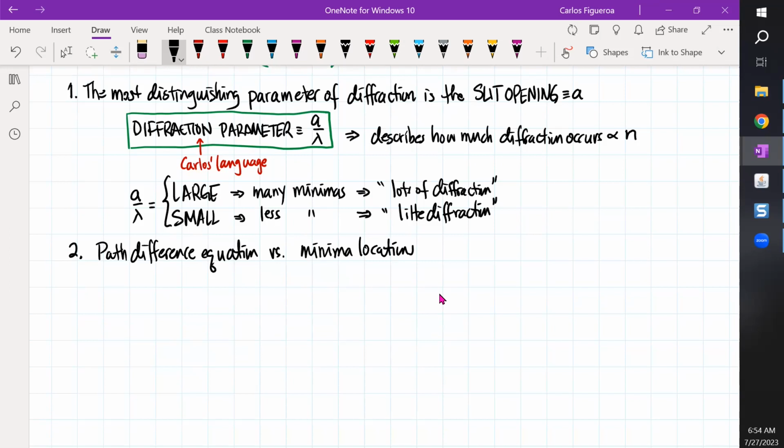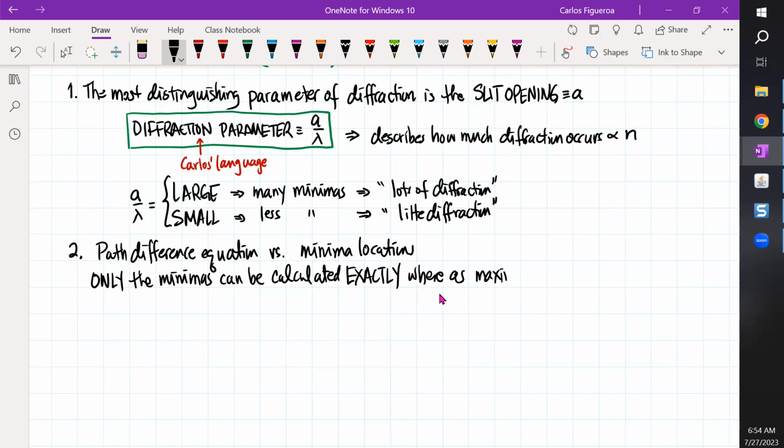Now, here's what we find. Only the minimas can be calculated exactly, whereas maximas are approximate.